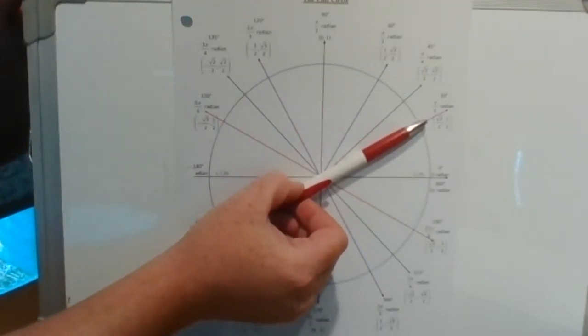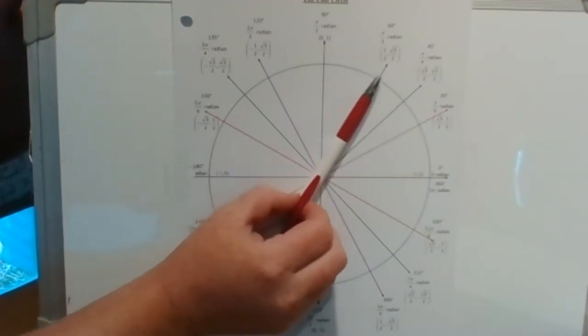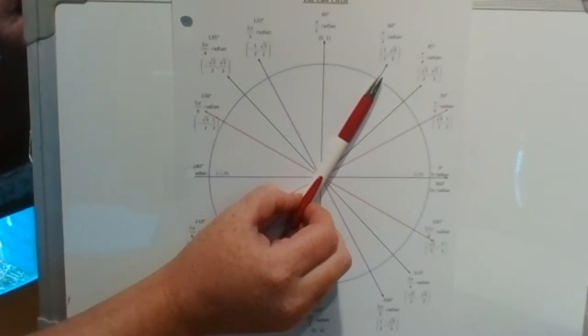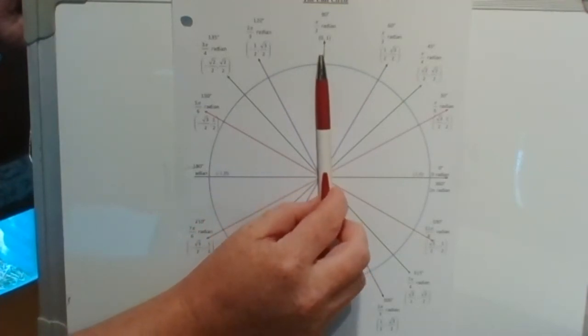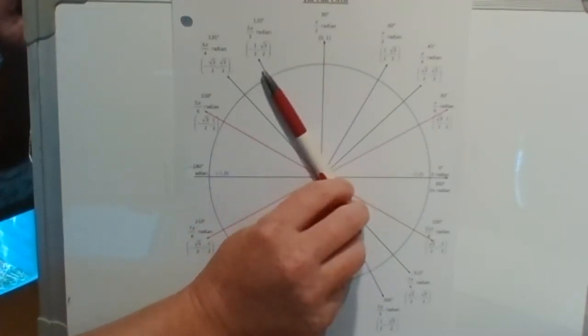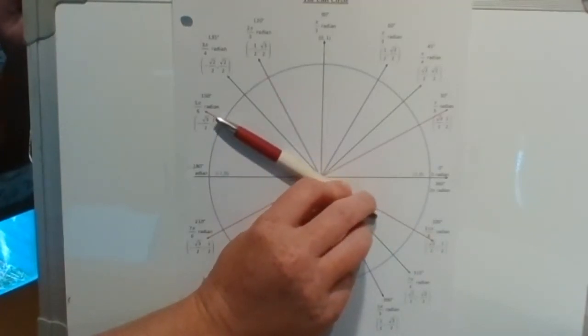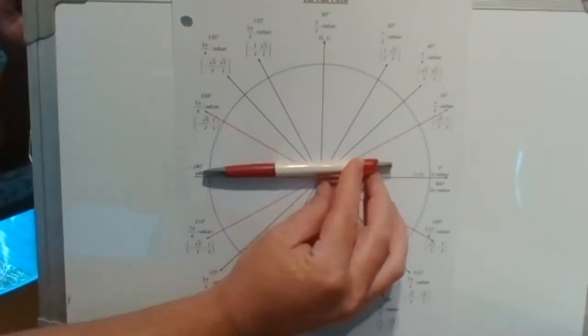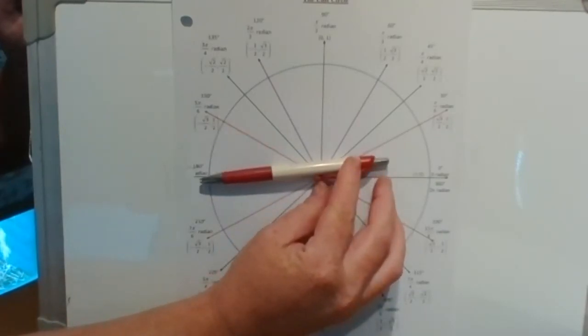So this is 1 pi over 6. 60 degrees is going to be 2 pi over 6, which simplifies to pi over 3. 90 degrees is 3 pi over 6, which simplifies to pi over 2. 4 pi over 6 simplifies to 2 pi over 3. 5 pi over 6. 6 pi over 6 simplifies to just pi.